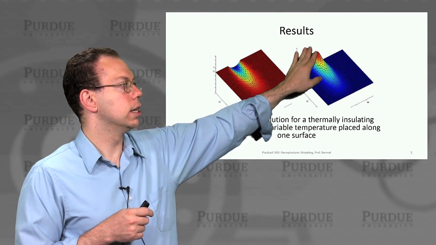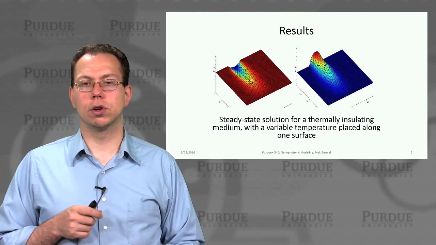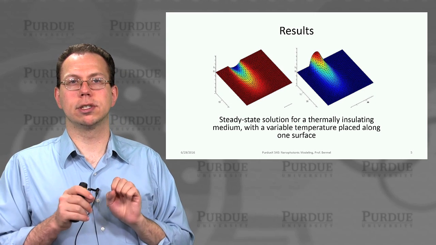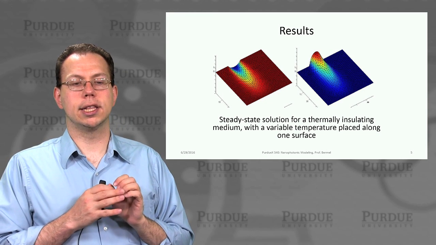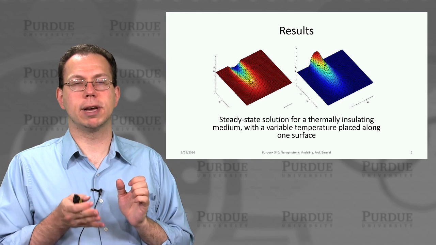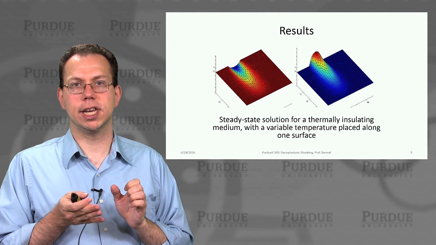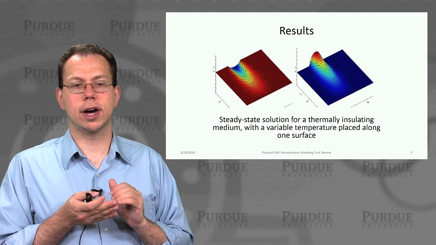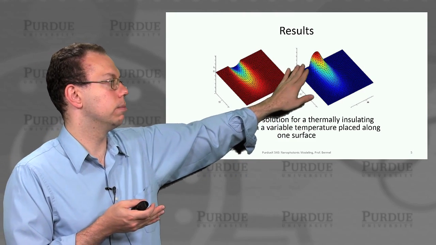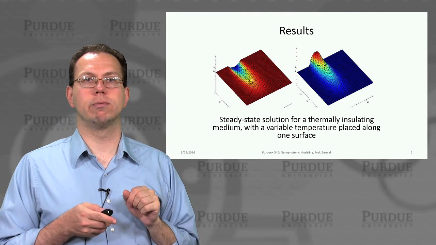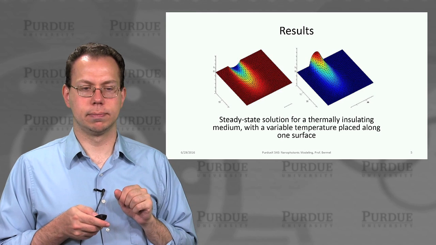And conversely, you can have local heating, and then you have a gradual spreading of that heat. The degree to which that spreads out depends a lot on the thermal conductivity. Of course, if it was copper instead of glass, it would have been much more uniform, and you wouldn't really see that sort of big peak, probably.